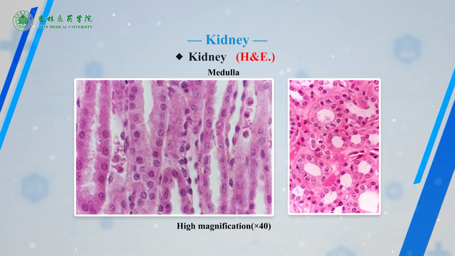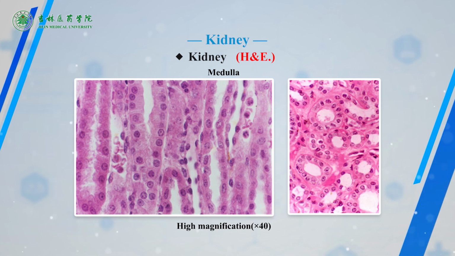Its wall is lined with a single layer of flattened cells with ovoid nuclei. The cells are less flattened than those of the capillary endothelium. Its cytoplasm is stained deeply. The collecting tubule is always located in the deep zone of the medulla.